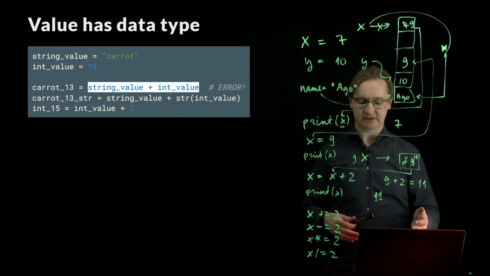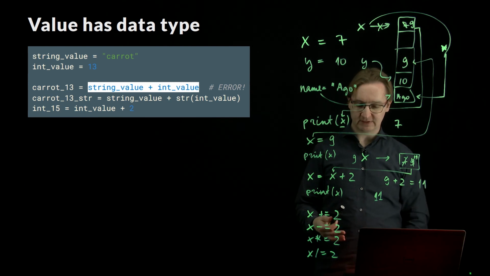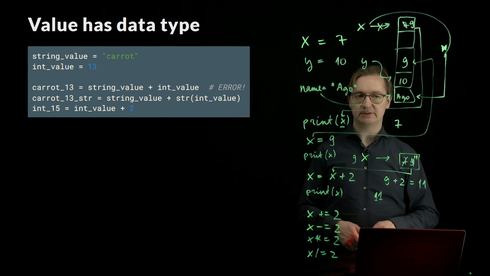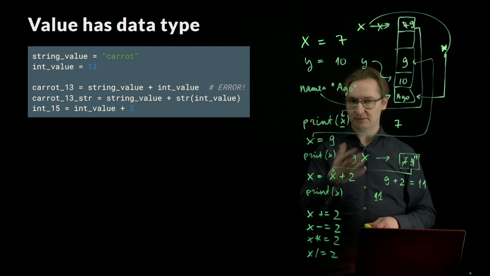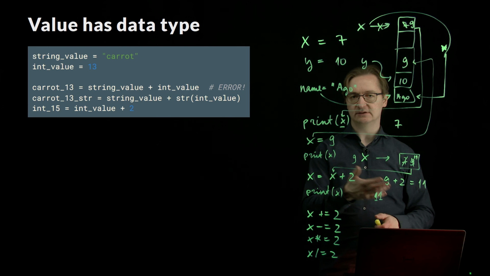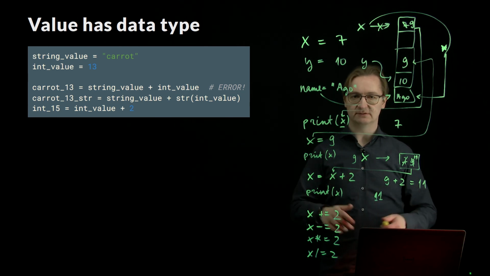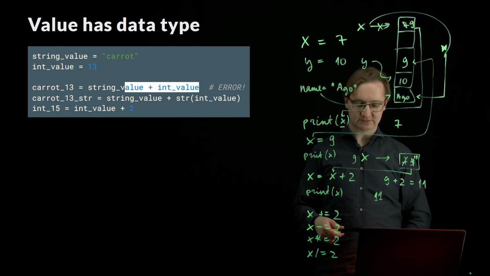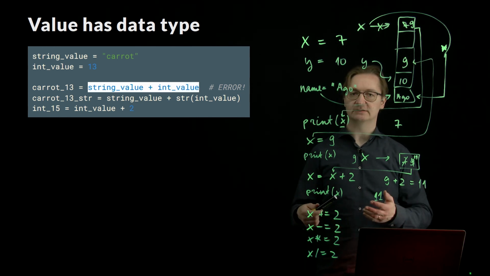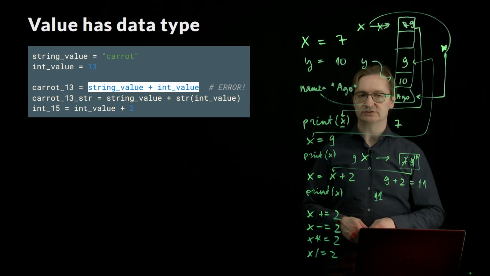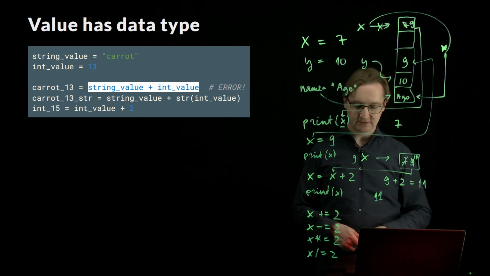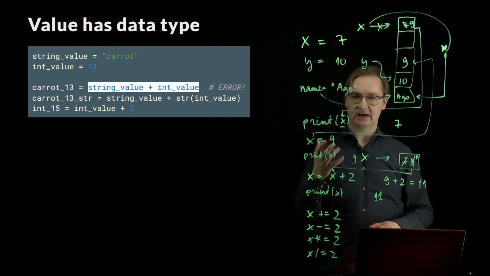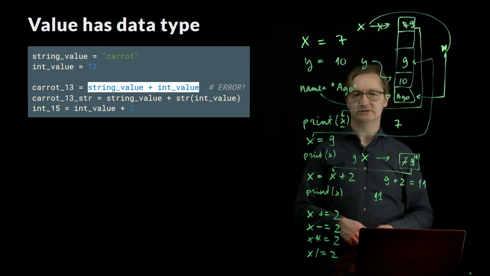Now the problem can be that I execute the code, for example, I ask for values from the user, and we expect that the user enters numbers, but for some reason he or she enters letters instead of numbers. Now my code breaks because I was expecting numbers and try to add those two numbers, and I get an error. So you have to be aware that you can have different types of values inside one variable.